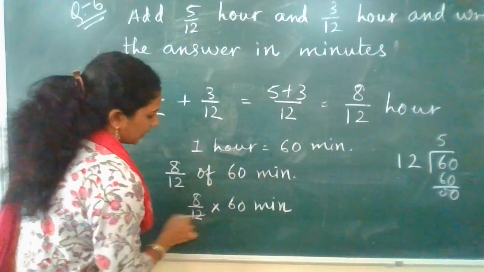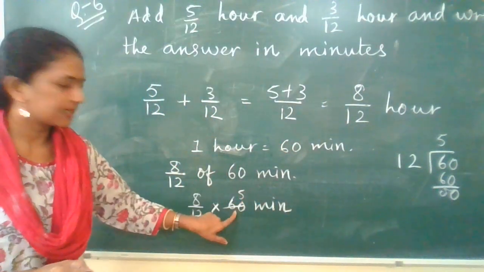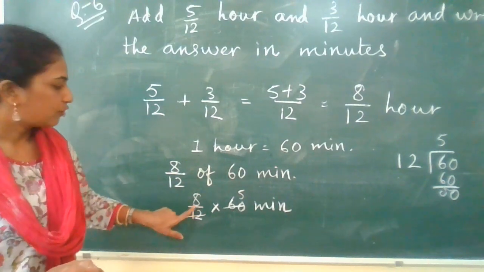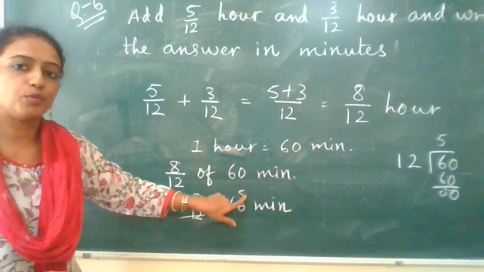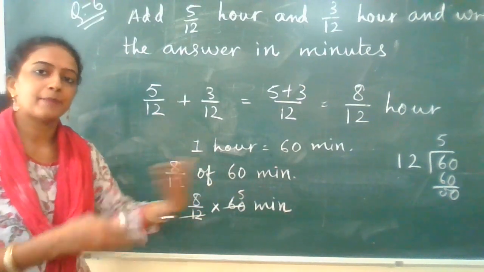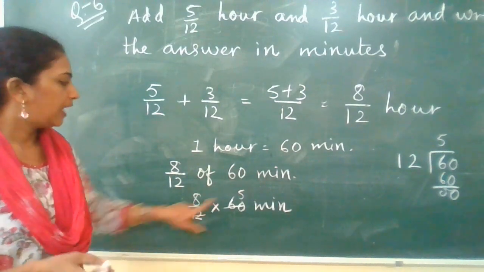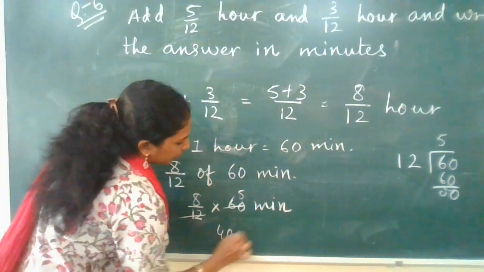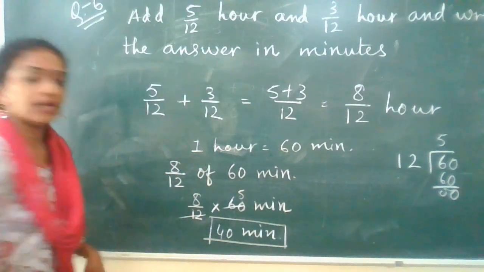So 8 fives are 40 minutes. So the answer is 40 minutes.